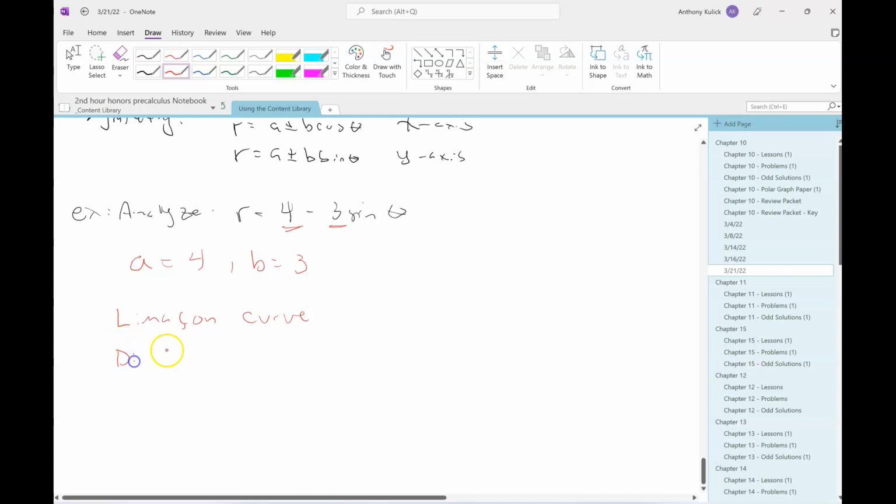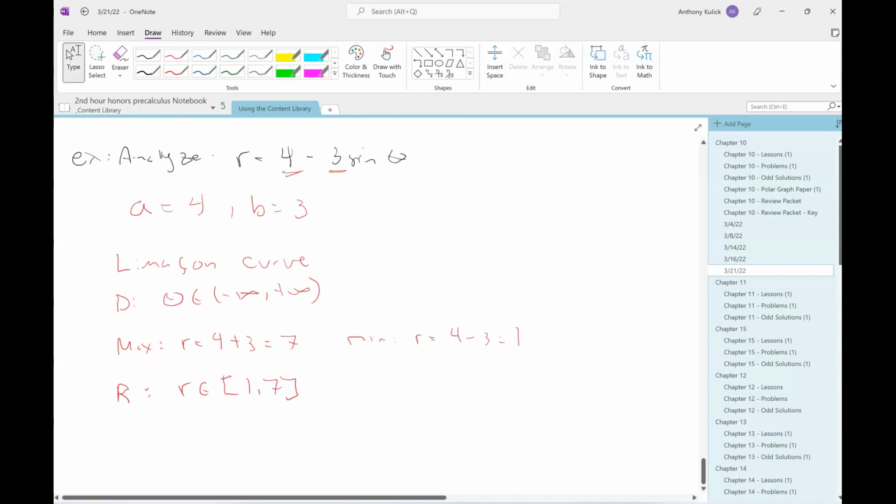The domain is all real numbers. My maximum value is going to be A plus B, so 7. And my minimum is going to be A minus B, so 1. So my range is from 1 to 7.